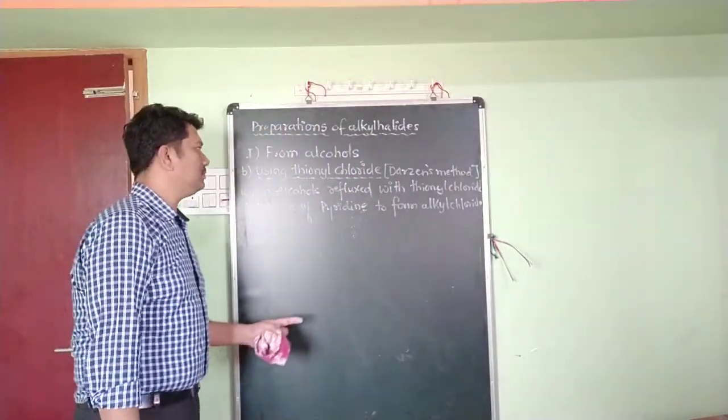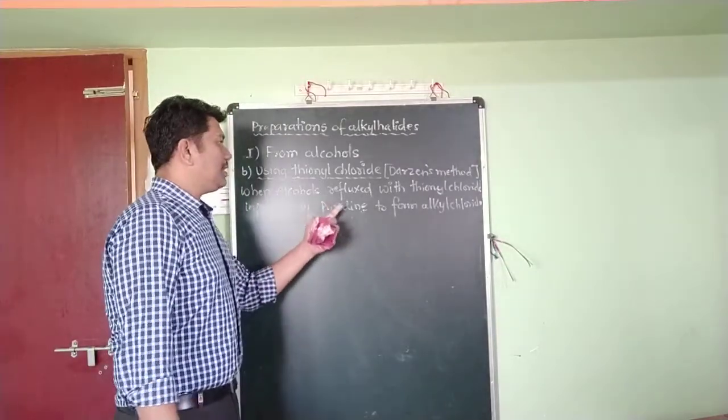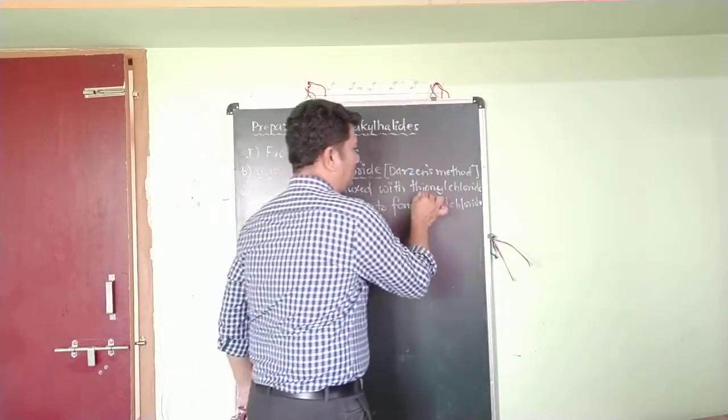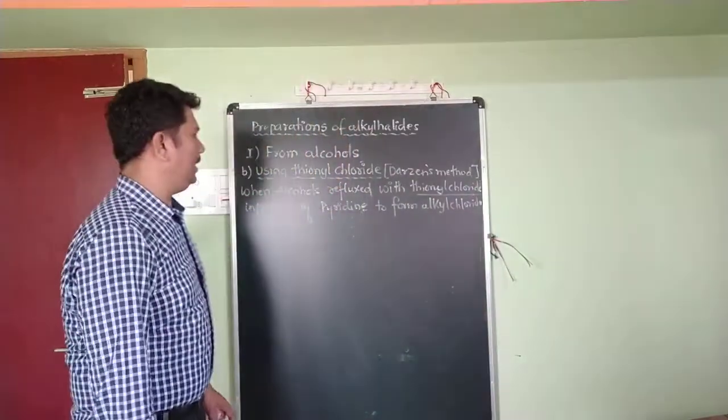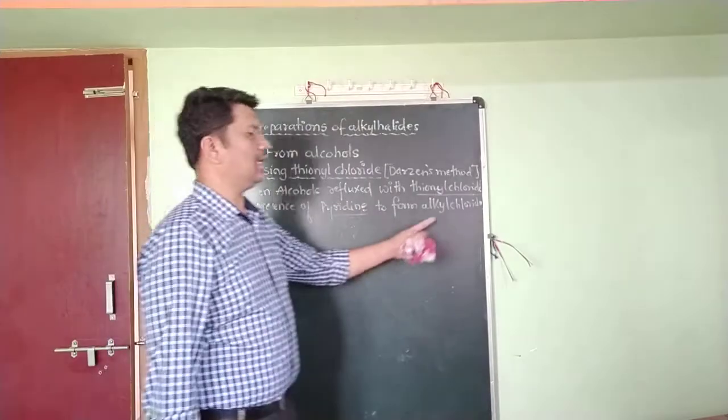I'll repeat the statement. When alcohols, as usual, are refluxed with thionyl chloride, this is a new compound, in presence of pyridine, to form alkyl chloride.